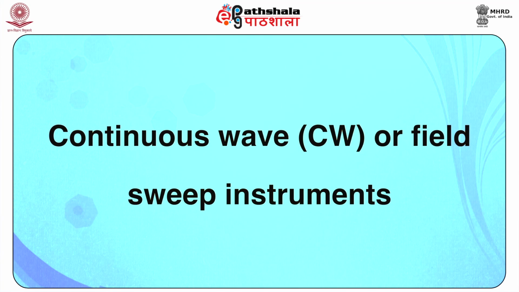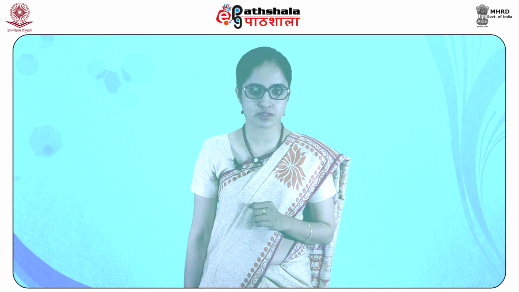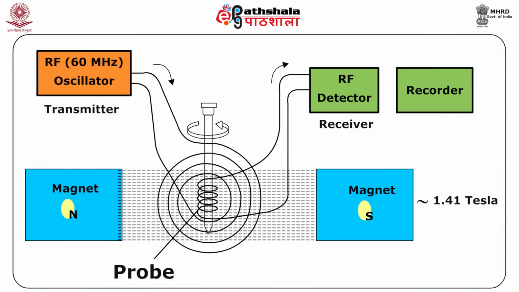Students, first we will consider the continuous wave or field sweep instruments in detail. These systems are currently obsolete except for a few wide line experiments performed in special solid state NMR applications. A schematic representation of a 60 MHz continuous wave NMR spectrometer is shown in this figure.